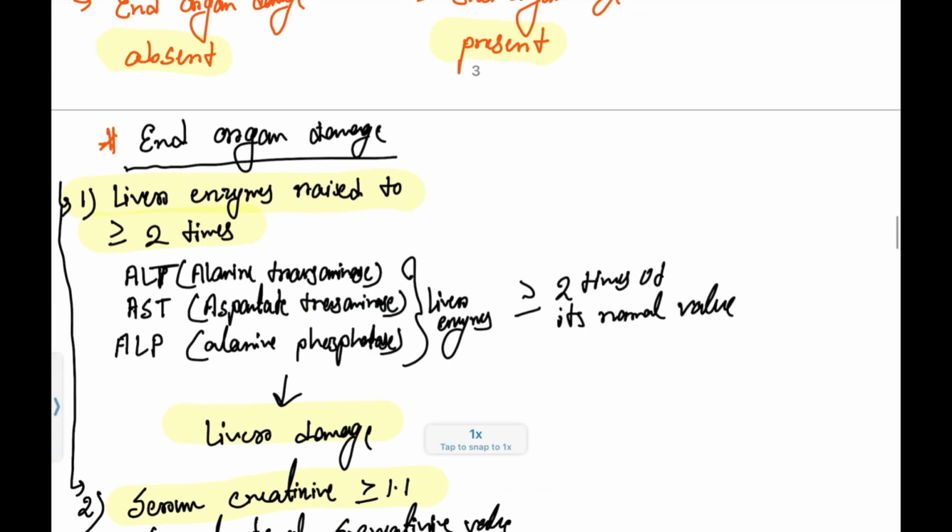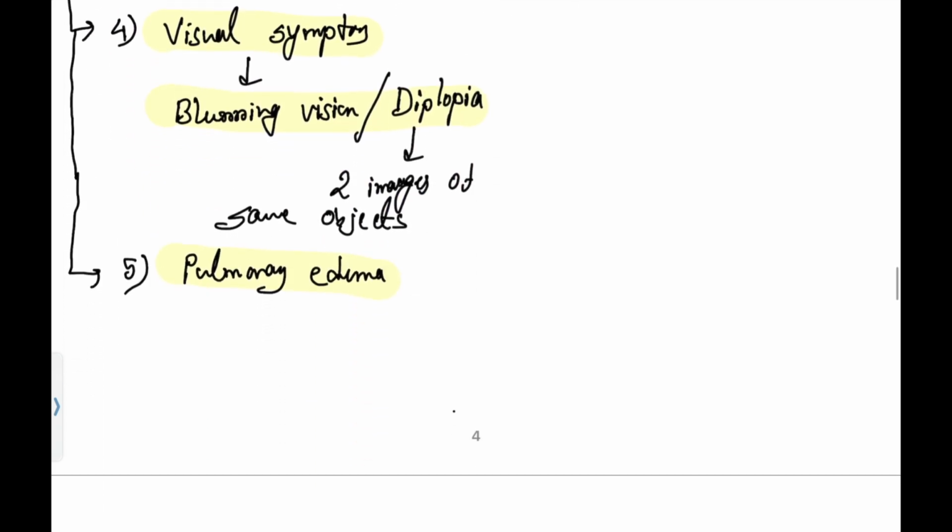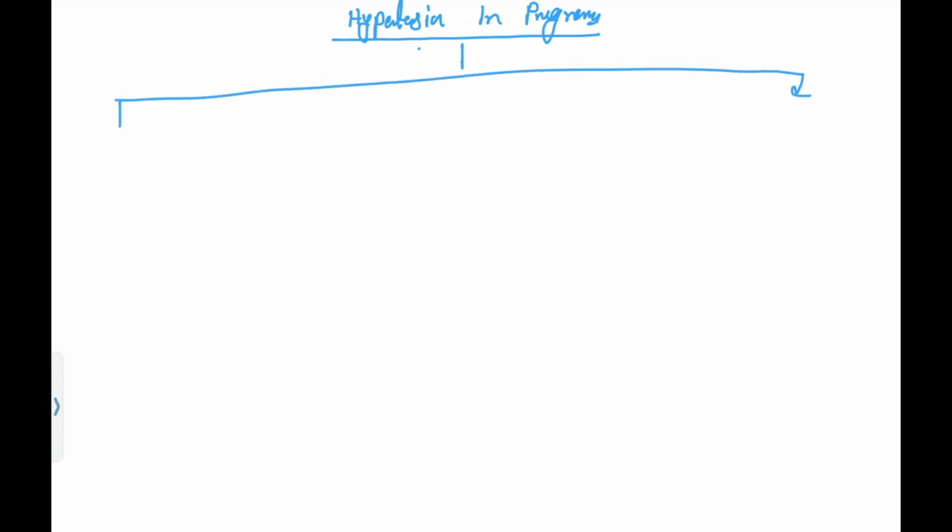Now again, so that you understand even better, I will further classify it shortly. Now hypertension in pregnancy. Okay, this is our today's first class, pregnancy induced hypertension. If the mother has high BP before 20 weeks of gestation, we will call it chronic hypertension.